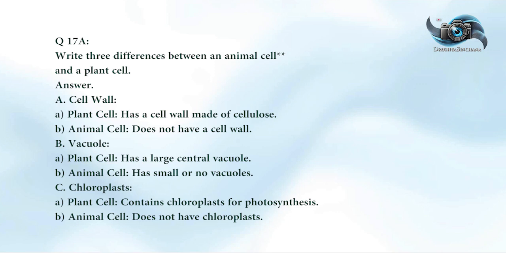A. Plant cell has a large central vacuole. B. Animal cell has small or no vacuoles. C. Chloroplasts. A. Plant cell contains chloroplasts for photosynthesis. B. Animal cell does not have chloroplasts.